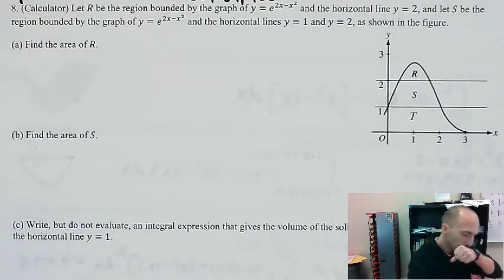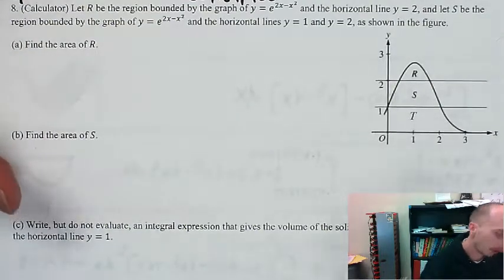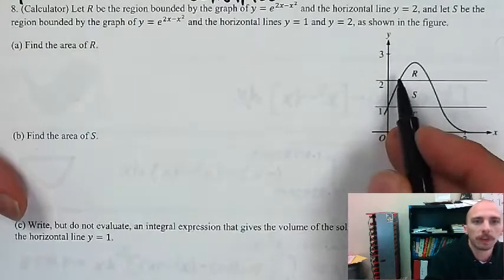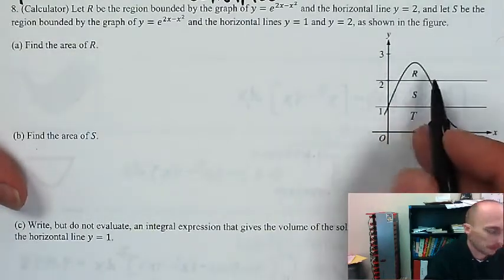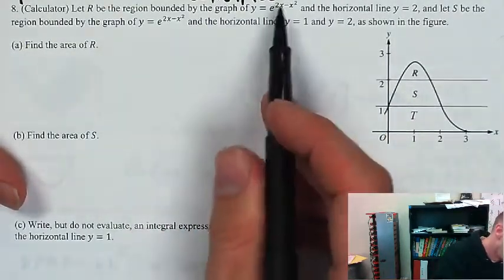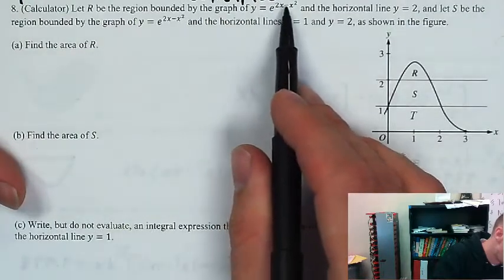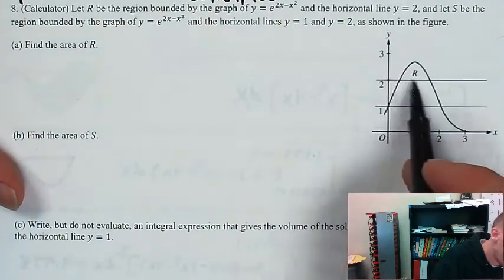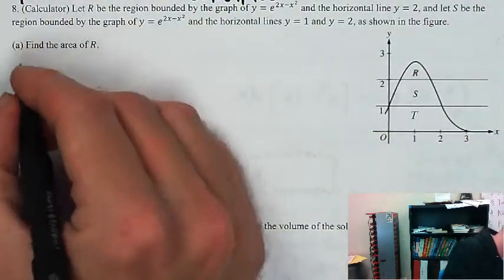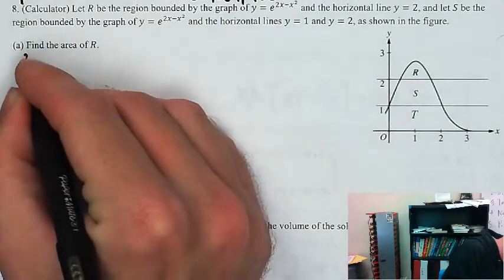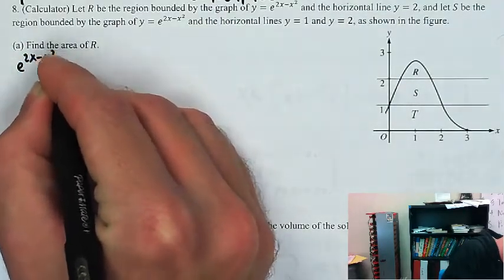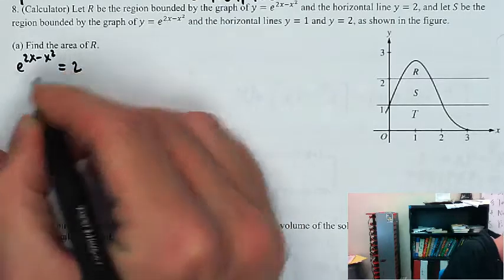Anyway, all right, finding the area of R. That's going to require for me to solve for these intersection points. Okay, so I'm interested in where e to the 2x minus x squared equals y equals 2. So I need to find out where does e to the 2x minus x squared equal 2.